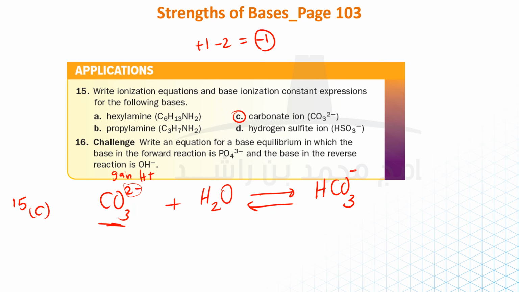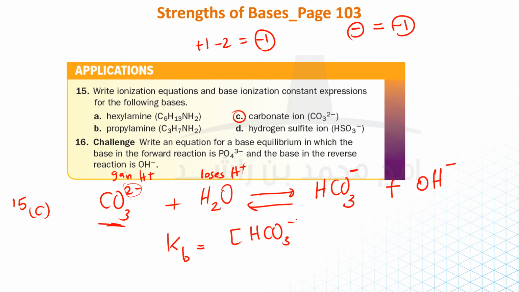So the new charge here is minus 1, but in chemistry we don't write the 1. Okay? Plus OH minus, because this one loses the H plus. So the Kb is going to be HCO3 minus times OH minus over CO3 2 minus.